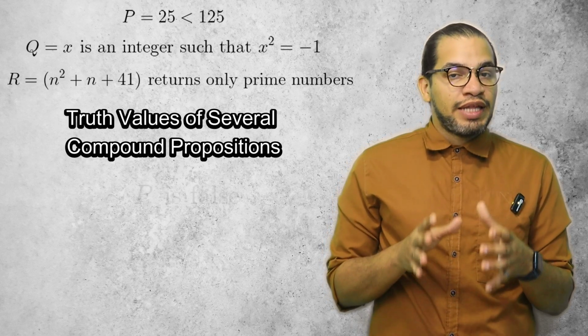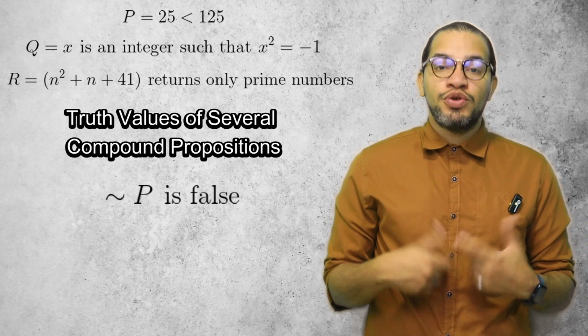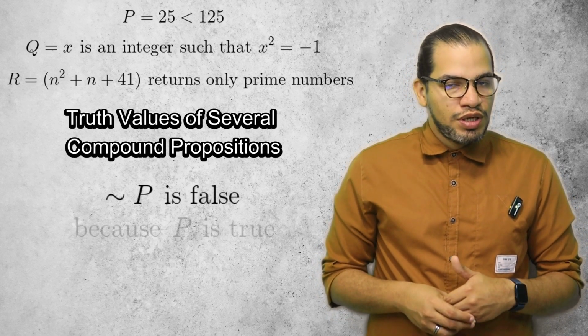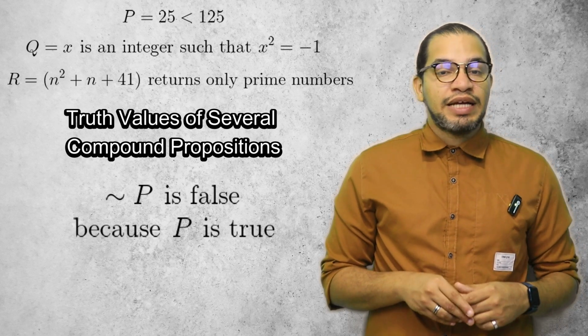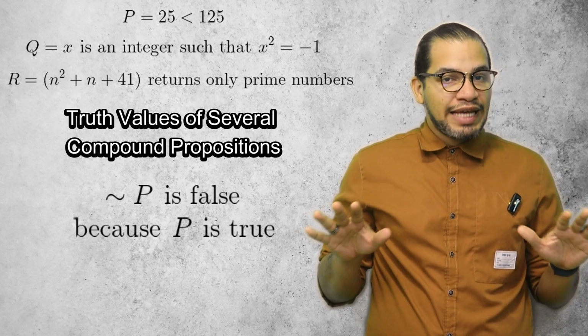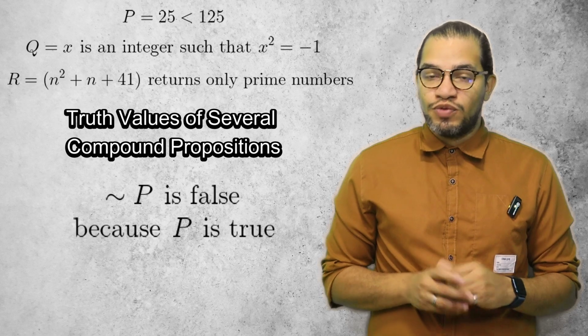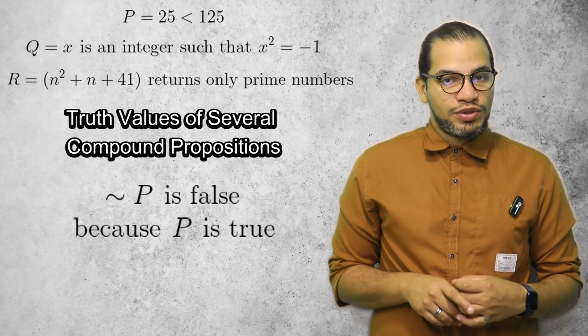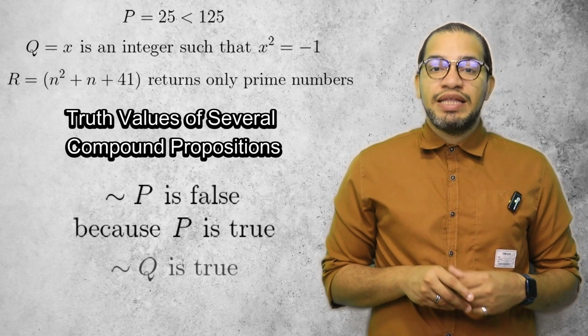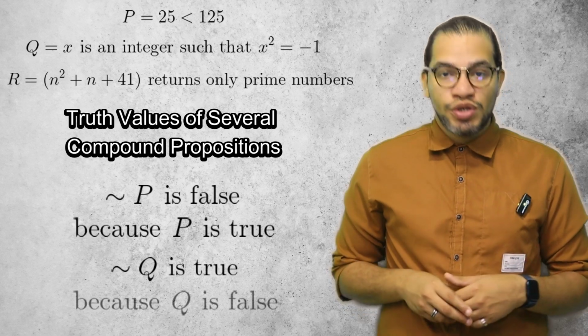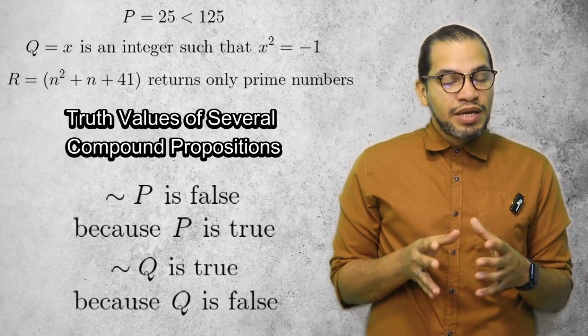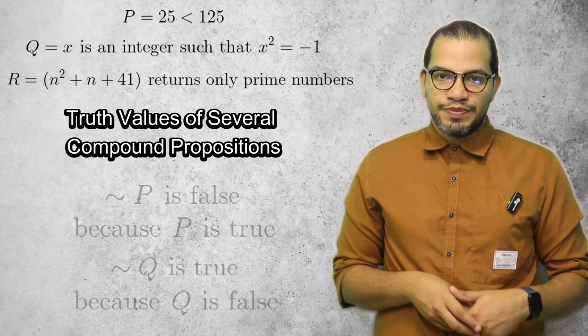We can conclude that the compound proposition not P is false because this will say that 25 is not less than 125, which is actually false. As a matter of fact, the proposition not Q is true because Q is false.